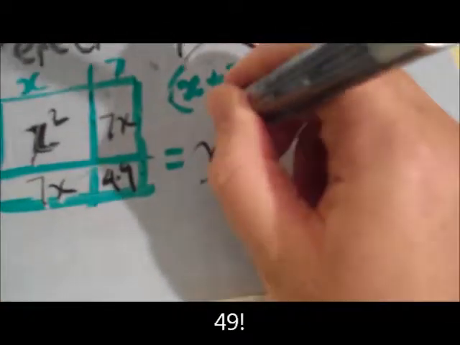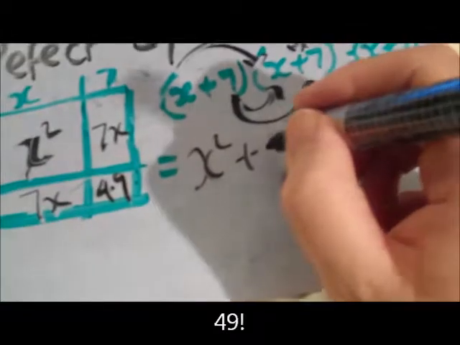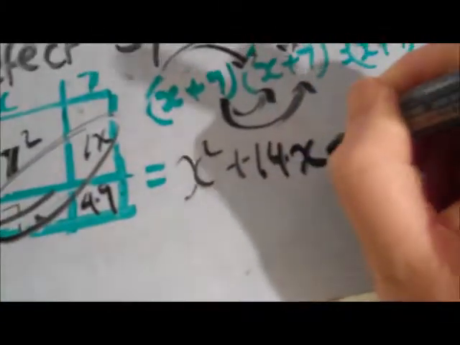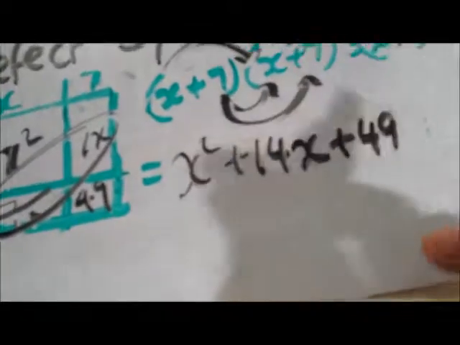So let me write that down. x squared plus... I'm going to just add these two together because I can. They're both x terms. So I've got 14x plus 49.